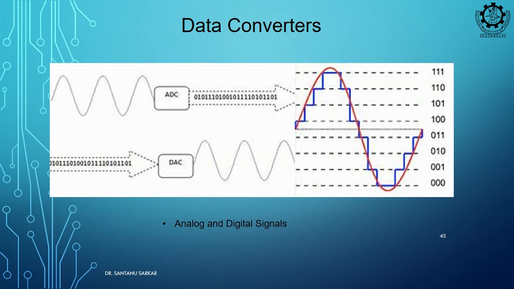You think of any real life signal processing, in this signal chain you need to have an ADC and DAC, and in between your digital processor is there. But in real life applications, be it any sensor, suppose a temperature sensor, your signals have to be analog, and at the end also they have to be converted back to analog.